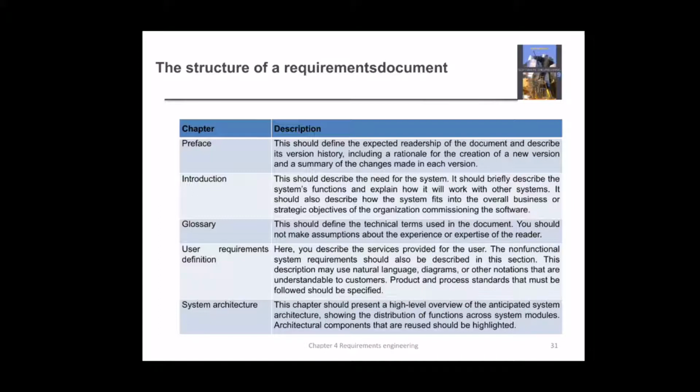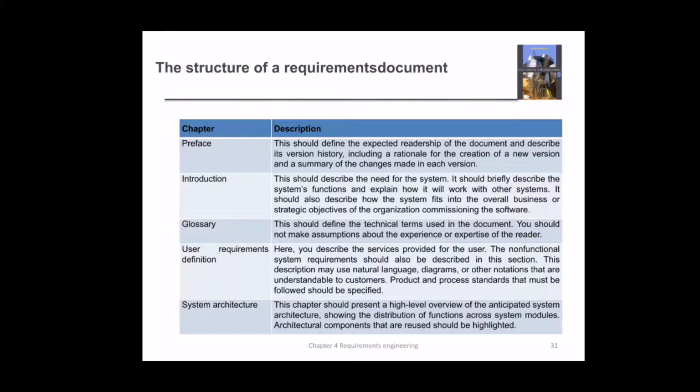When writing the user requirements definition, you have liberty. You can write it in natural language, or make use of diagrams or other notations so that customers can understand, because the user requirements definition deals with the customer. Product and process standards that must be followed should also be specified.